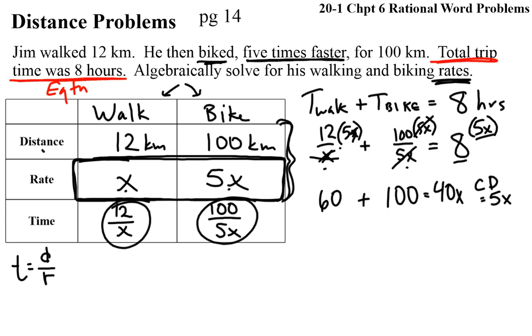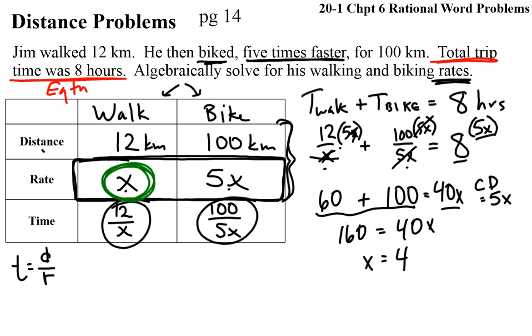There's our new equation. How are we going to solve for x? Combine to get 160 equals 40x, divide both sides by 40, and x equals 4. But we have to double check, what exactly does x represent? Go to our chart. X is the rate when walking.